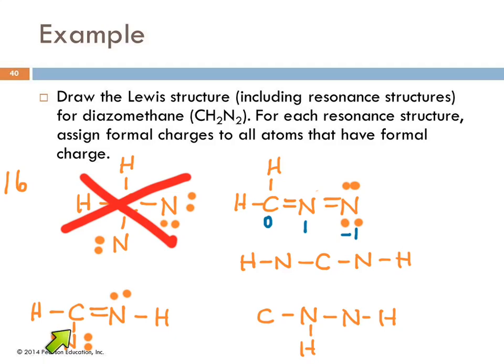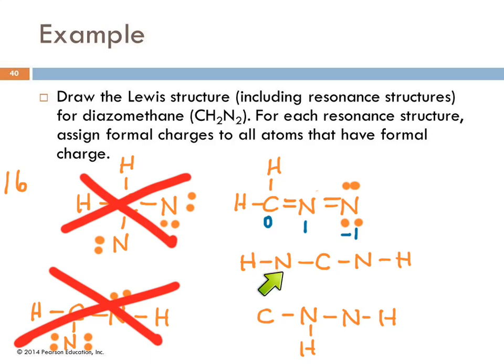I can't share this with the carbon because then the carbon will have too many electrons. I can't share that with the hydrogen. We're kind of stuck there, huh? That one's not going to work out. We can't do the octet rule. He's out of the running. Always nice when that happens.